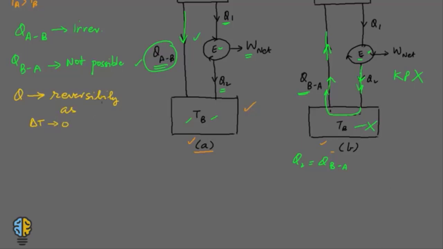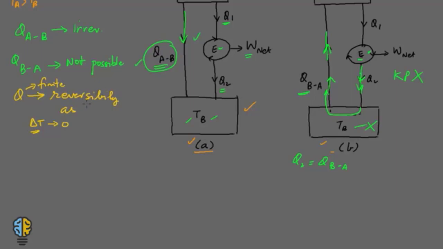Because if you remember, we define a reversible process as a process through which heat is transferred through an infinitesimal temperature difference. To transfer a finite amount of heat through an infinitesimal temperature difference would require an infinite amount of time, and if the time required is infinite, it is reversible.